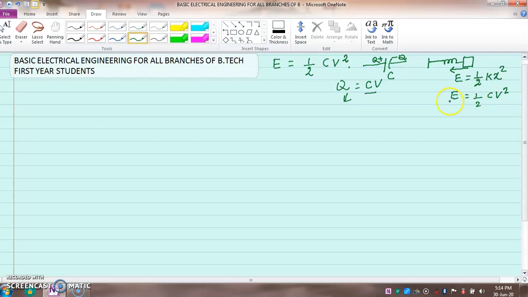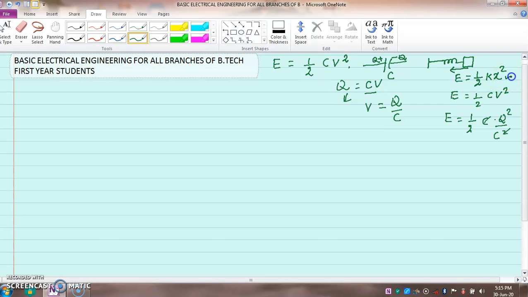Here Q is also equal to C multiplied by V. So from here you can write V = Q/C, and you put it in the equation E = 1/2 C multiplied by V², which is Q²/C². So one C cancels out.